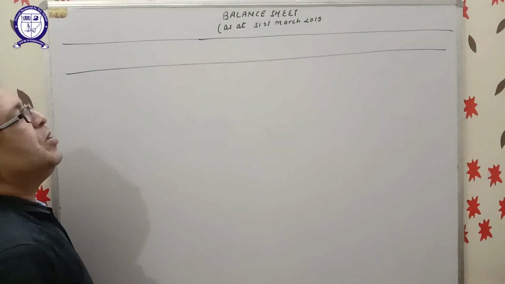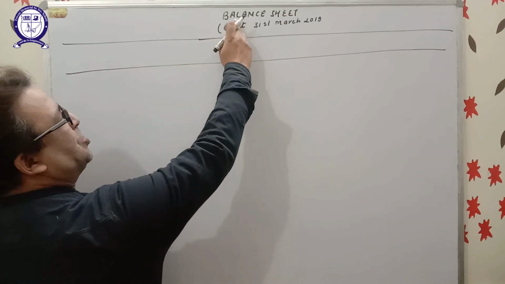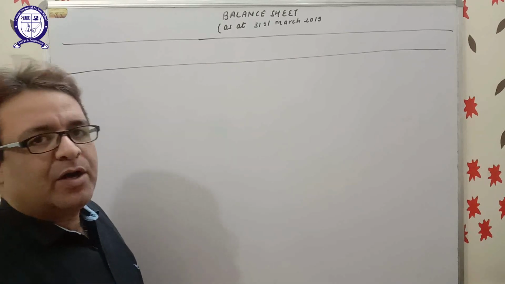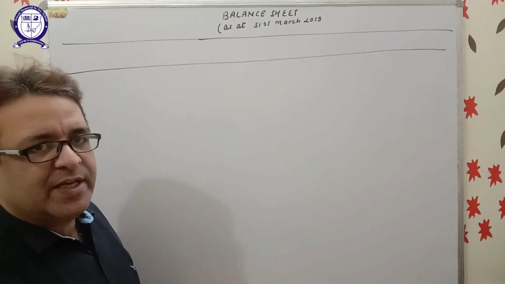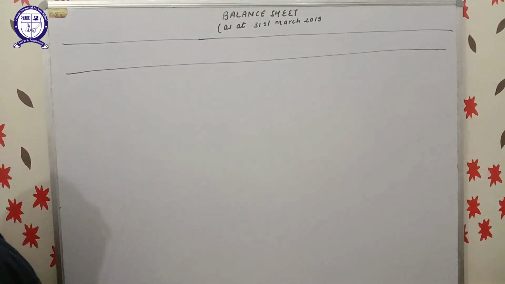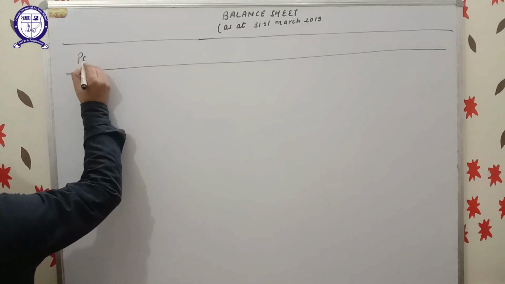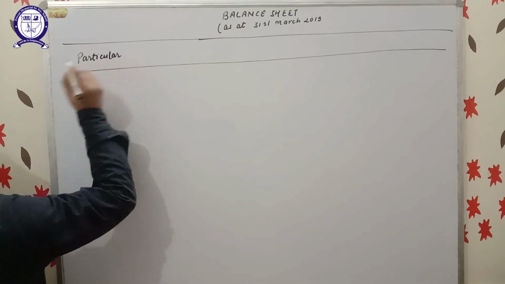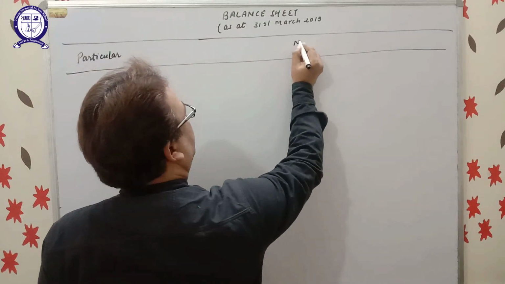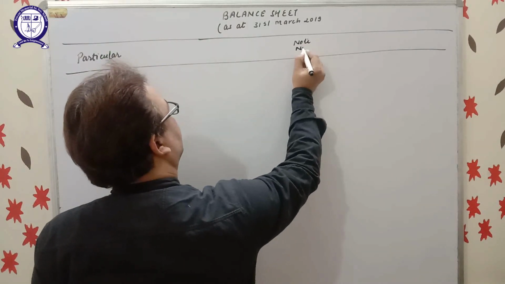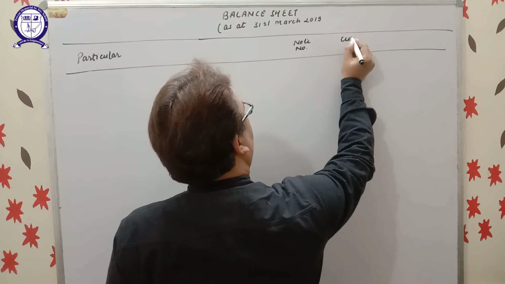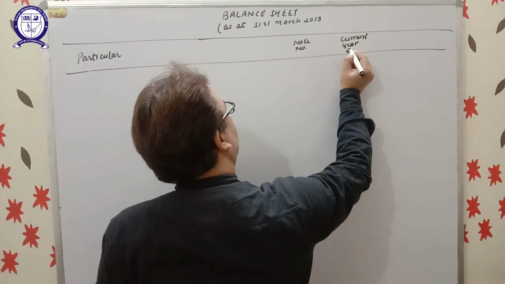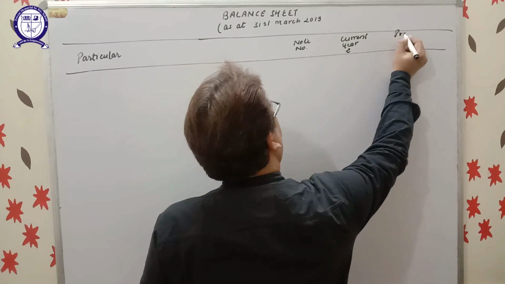Now I am going to tell you how to prepare the balance sheet. In companies, the balance sheet is prepared according to Company Act 1956, Schedule 6, Part 3. So right here, particulars, note number, current year figure, previous year figure.